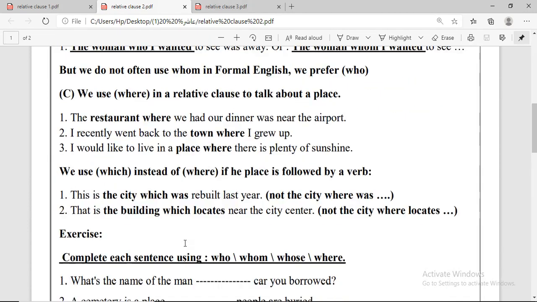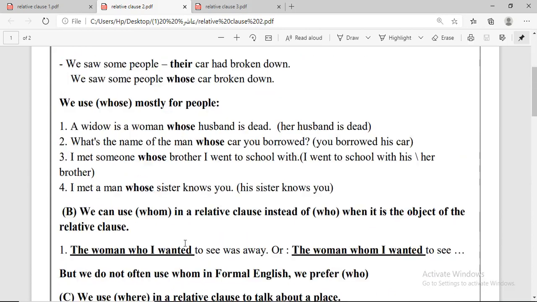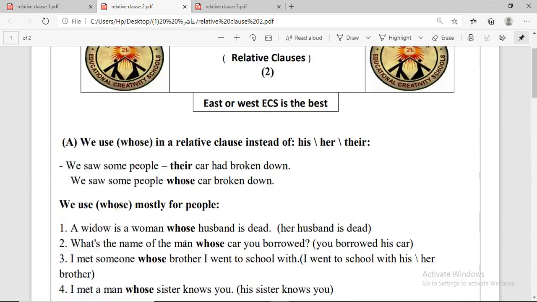Okay. So again, I will repeat quickly. In this lesson we talked about four relative pronouns: who, which, whose, and where.